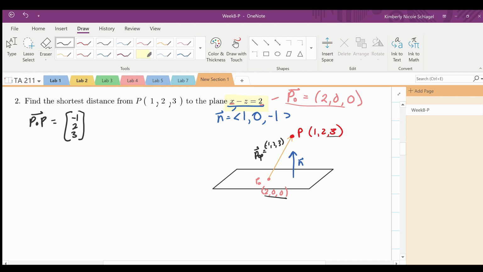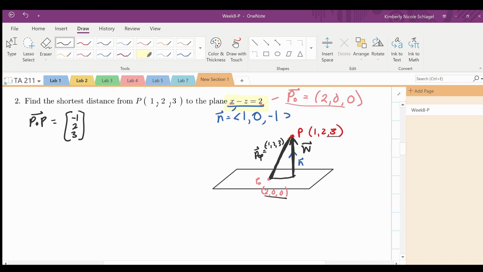So what's my next step? We're going to go back and use projections again. Except this time, we're not projecting down onto here. We're going to project this line, our P0P, onto our N, so we get a vector like this that I'll call W. We want W because that's the shortest distance between the plane and here.